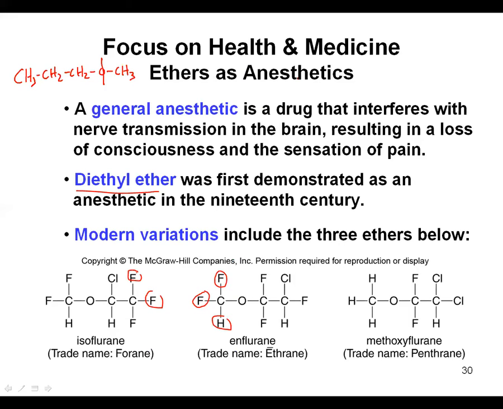We have a methyl group. To the left, we have a 3-carbon group, which would be a propyl. Alphabetically, M comes before P, so methyl, propyl, and then you just put ether at the end of it.